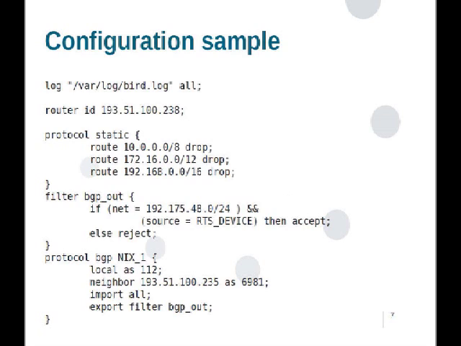So now, how does the configuration look, what's the philosophy? It has multiple sections, but there is no fixed order in which you have to configure it. But of course, there are some commands related generally to the daemon, like where do you send the logs, what's the router ID, etc. There are some protocol sections that define instances of various protocols, like in this example of static routing and BGP.